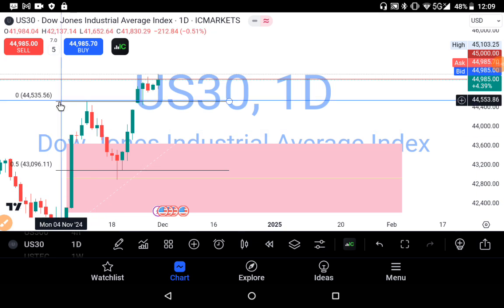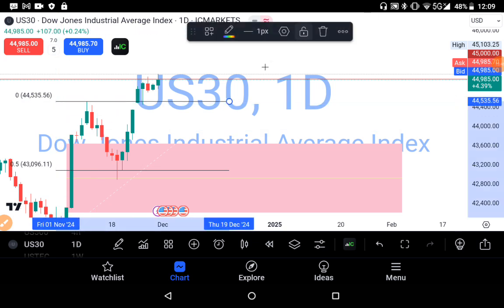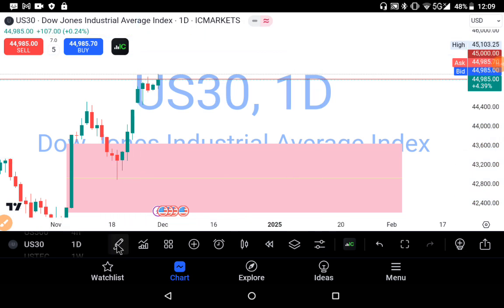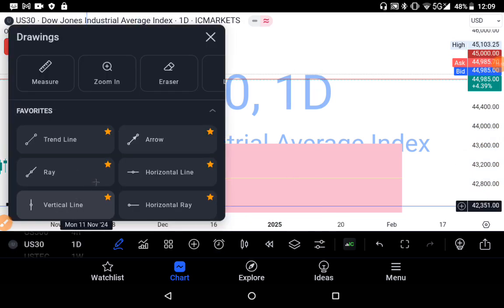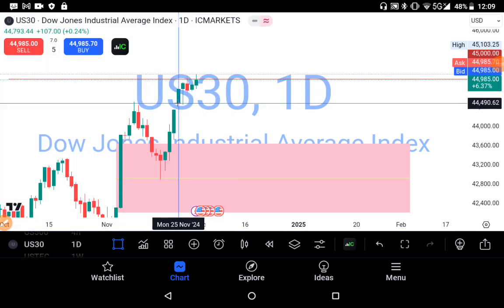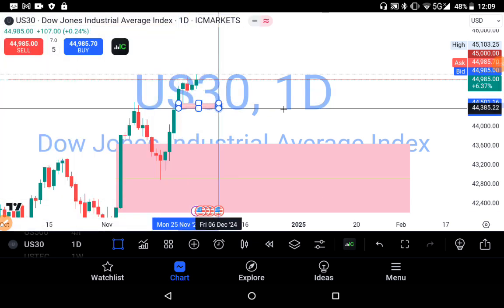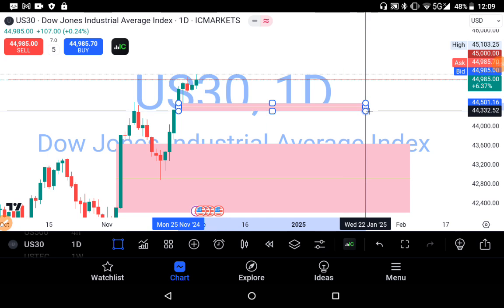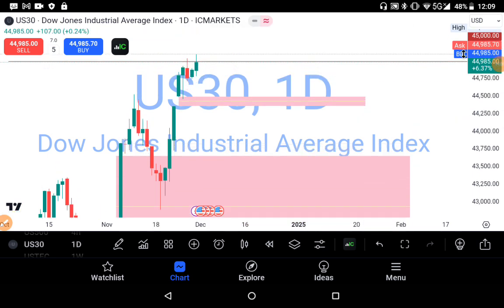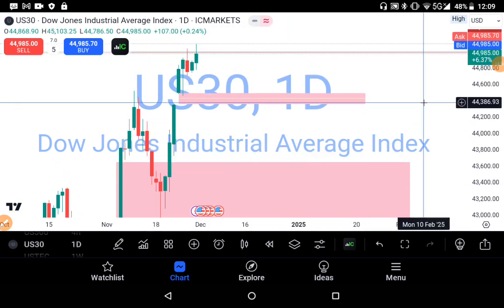Let me take this off, it's just for measurement. I have measured what I wanted to measure. Then let me bring out this. So we're watching that liquidity void, which should be able to hold the price.